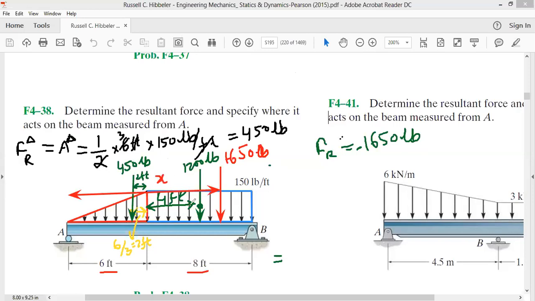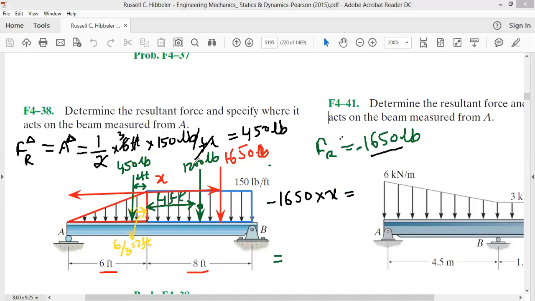Now, what is the moment of this force about point A? The moment of the 1650 pound force about point A will be 1650 multiplied by the distance x. This is trying to rotate the entire beam in the clockwise direction, so we write it as minus.